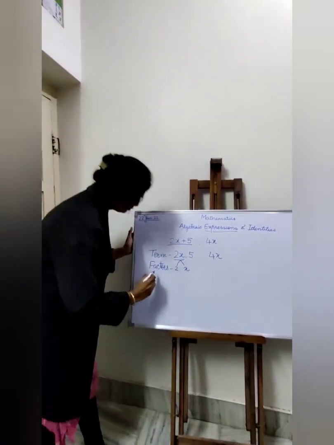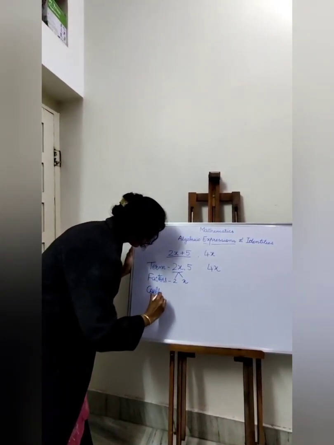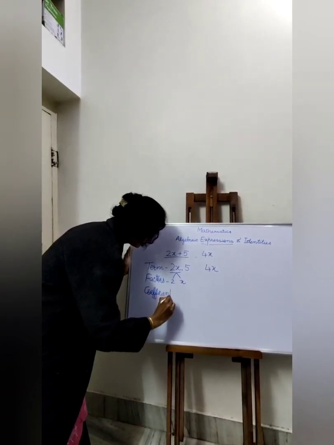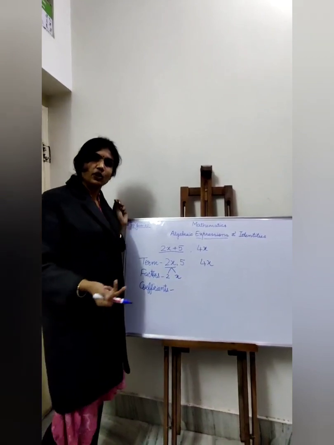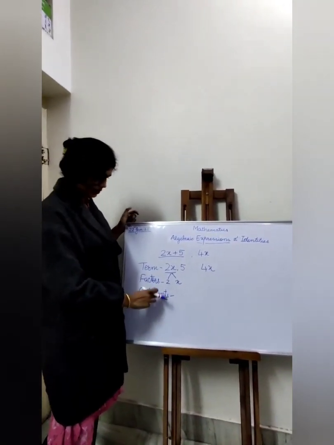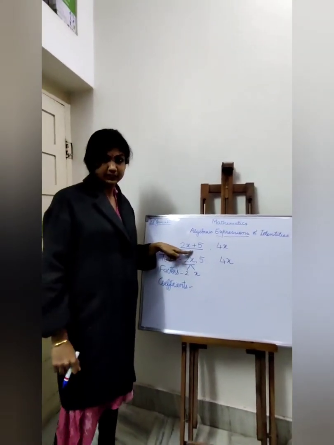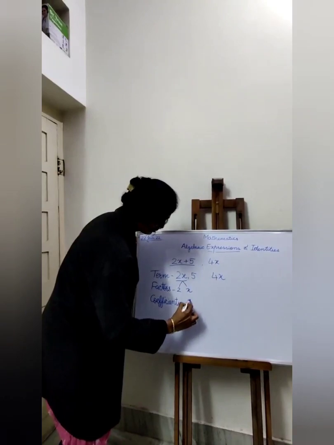Now next we have coefficients. So what are coefficients? Coefficients are the numerical factor of a term. So in this example, the coefficient of x will be 2.